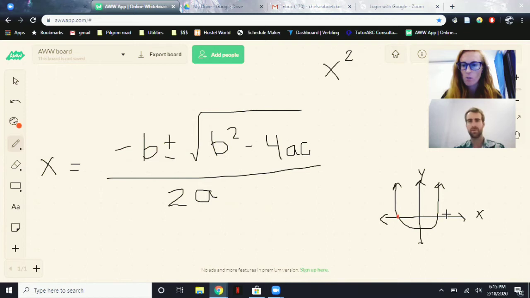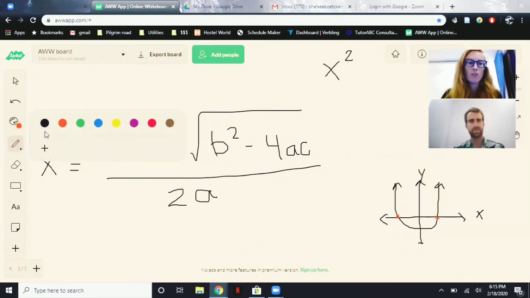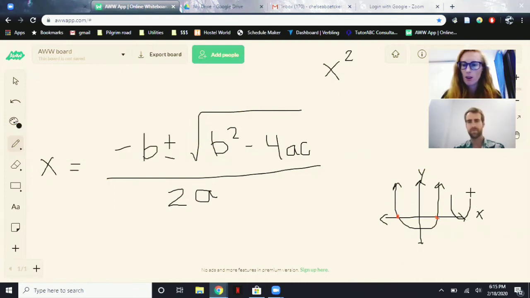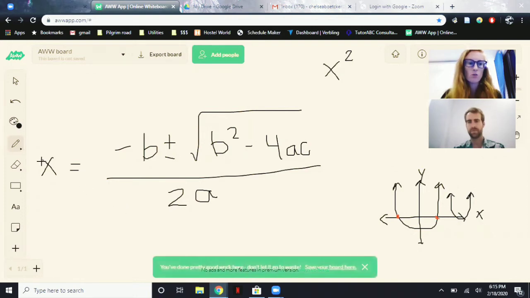So sometimes you get two solutions. The graph might cross at two different points like this. Sometimes you might have a graph that only crosses the x-axis one time, so you might get one solution. That's what we're going to be looking at today, one or two solutions.